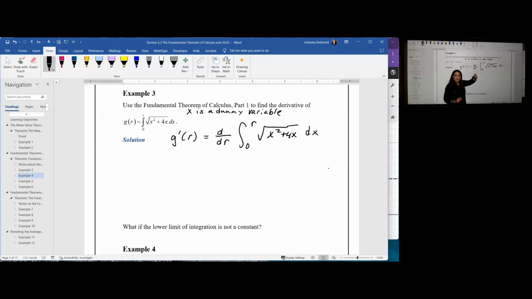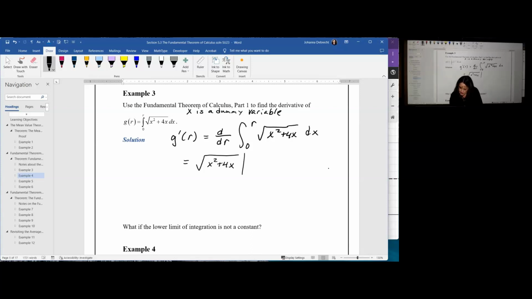It is important for fundamental theorem part 1 that the constant be the lower and the expression involving the independent variable be the upper. Now, by the definition, this is going to give me that function that you see on the inside, which is x squared plus 4x.